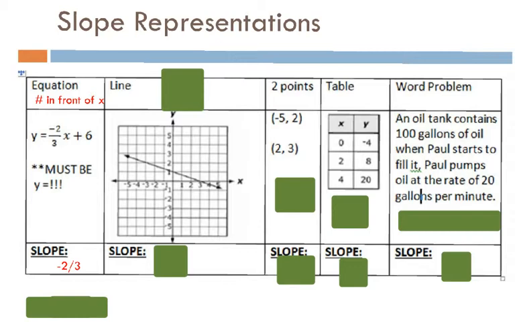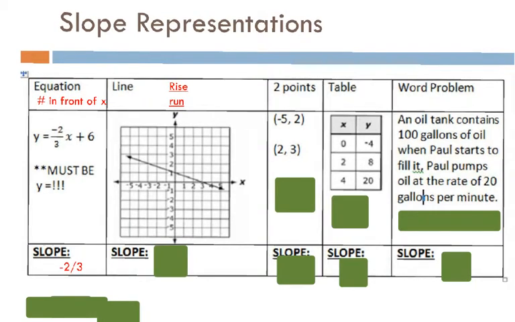When you're given a line, you can count the rise over the run. The one part you have to remember here is to look if it's a downhill line or an uphill line, and whether or not that's going to be a positive or negative slope. So when you count it, you're going to be looking for 2 spots, any 2 spots work, where that line crosses the corner of the grid paper.